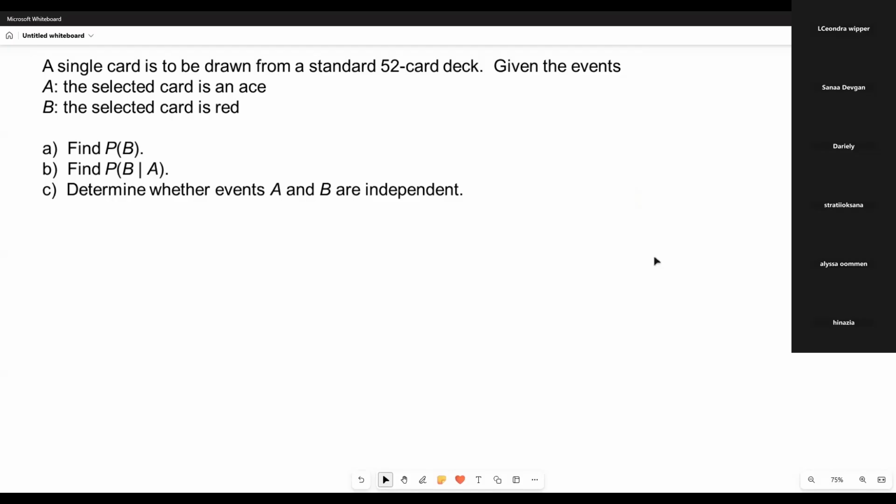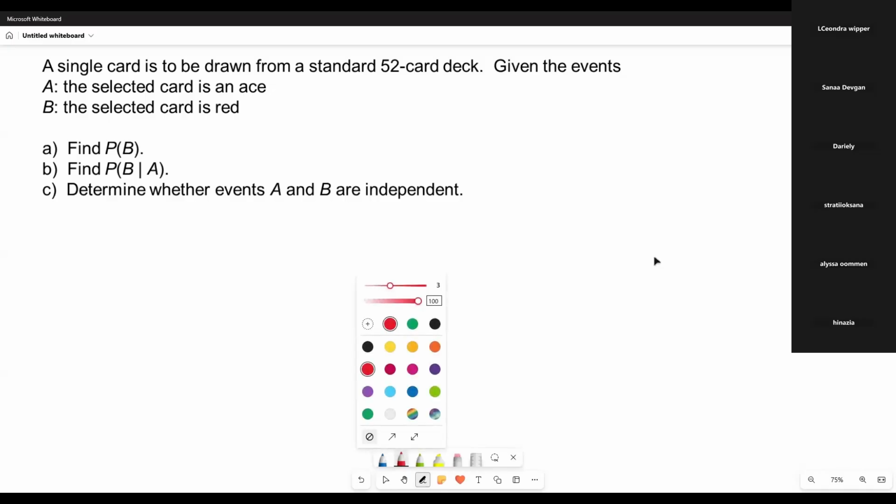Find P of B. Find P of B given A. C, determine whether events A and B are independent. All right, so we can copy here. So here you can observe we've got 52 cards. So the sample space here is just 52.